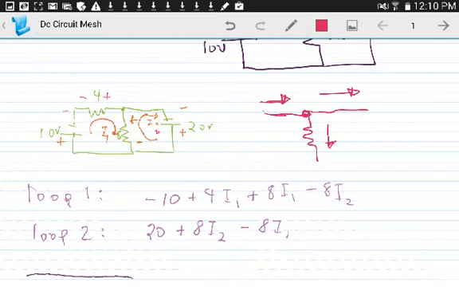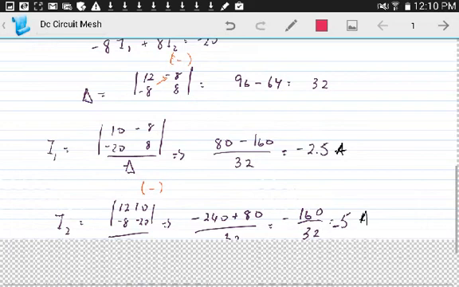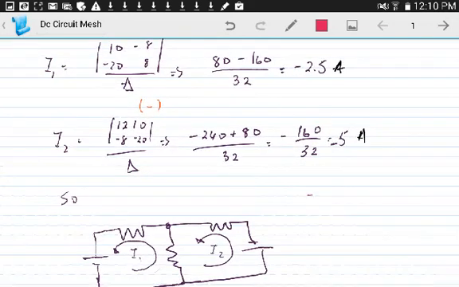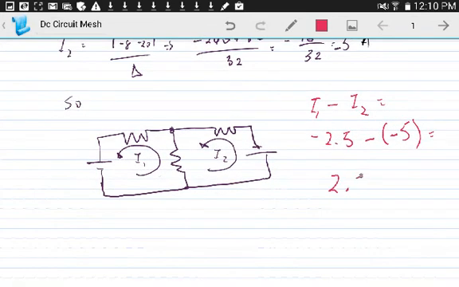Anything leaving the node is negative, anything entering is positive. So I1 minus I2 gives you the current here: -2.5 minus -5 equals 2.5 amps. So the current in that leg is just 2.5 amps.